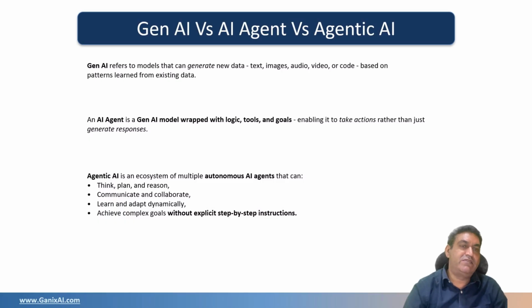So let's understand the difference between Gen AI, AI agent, and Agentic AI. These are basically three different terms, which often sound very similar, but actually they are very different. So let's go step by step. Gen AI, which is generative AI, is just like your ChatGPT, the LLM models, Claude, all of these are models, right?